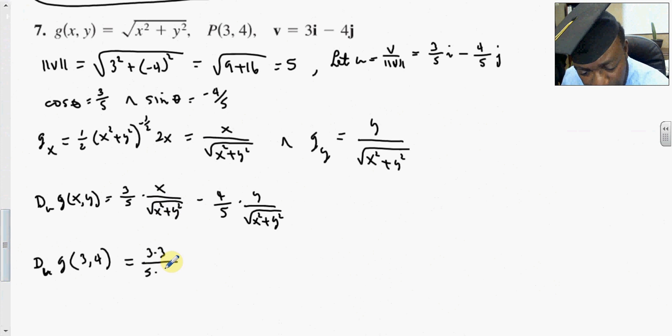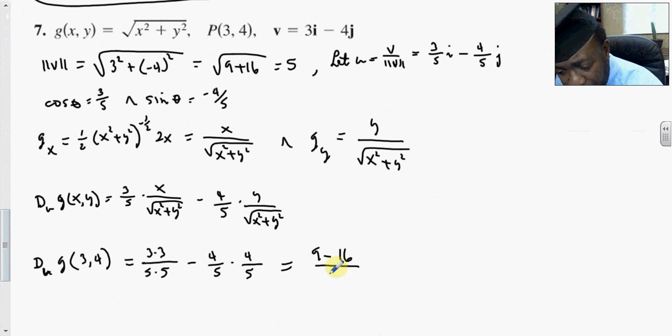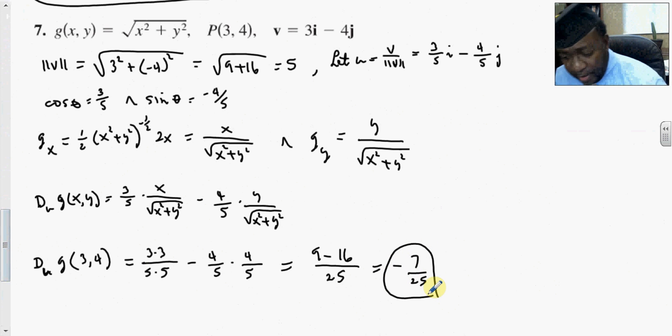So we get 5, minus 4 over 5 times y is 4 over the square root of 25, and that's 5. So this gives us 9 minus 16 over 25. So we get negative 7 over 25.